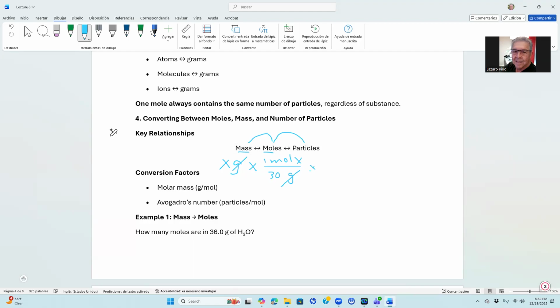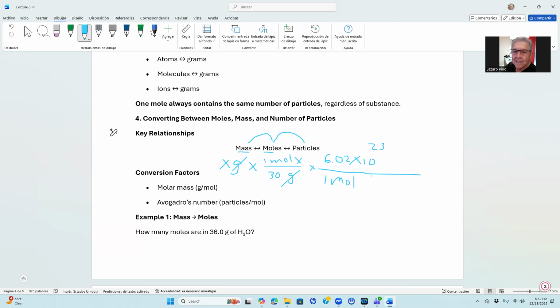But if you want particles, you can say that one mole of any compound is equal to 6.02 × 10^23 particles. When I say particles, they can be atoms or molecules. In this case, we are talking about atoms.